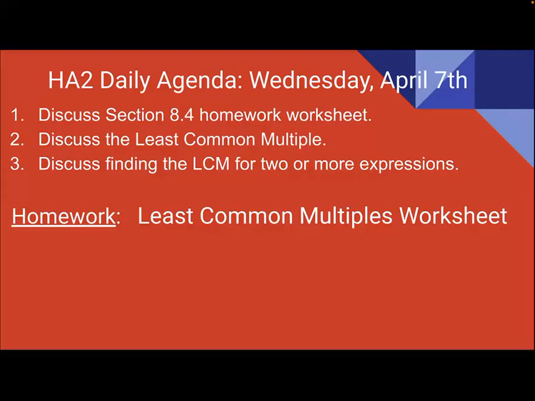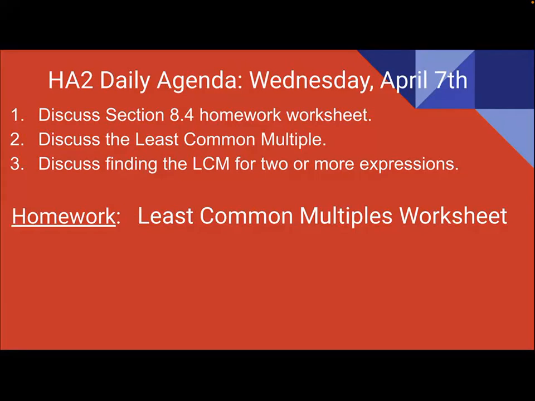Is to look at these fractions and can we find least common multiples or least common denominators for the fractions? So instead of multiplying and dividing fractions, of course, we can add and subtract as well.